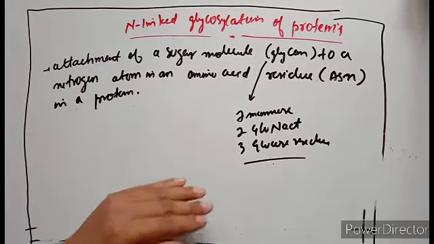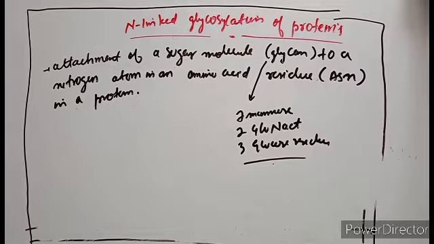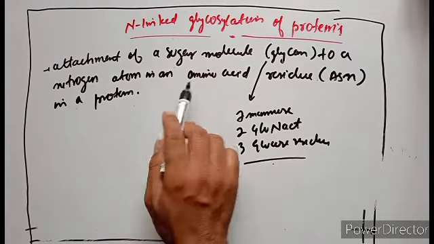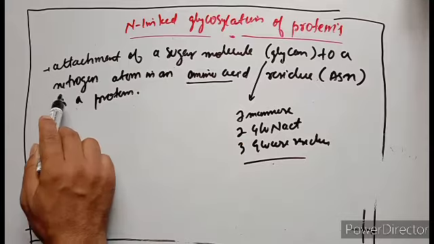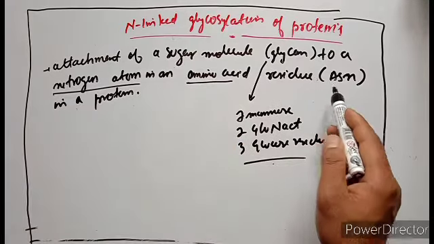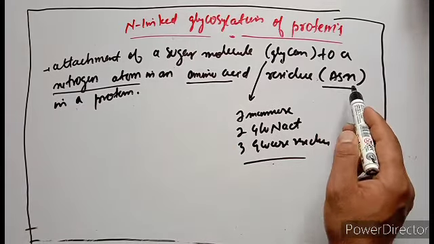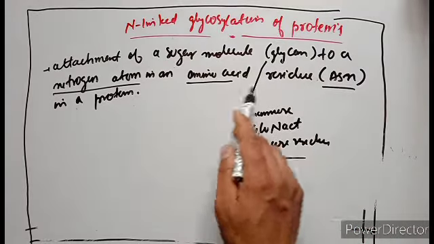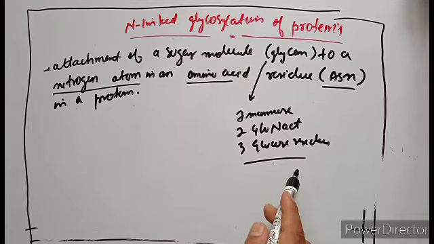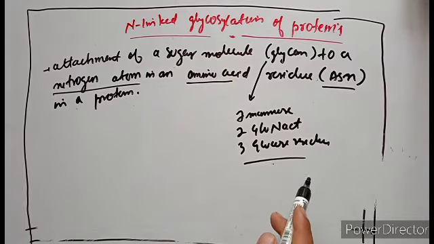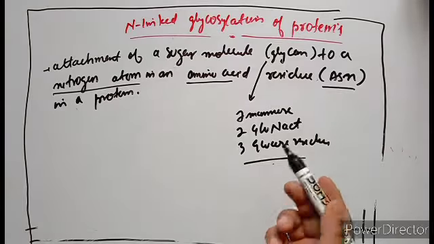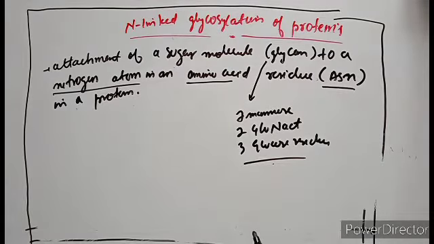So when these sugar molecules, which we called glycan, is added to an amino acid, nitrogen atom of an amino acid, mainly the asparagine amino acid, so that process is called N-linked glycosylation, and this process is a co-translational modification of the protein, in which the protein is modified into glycoprotein.